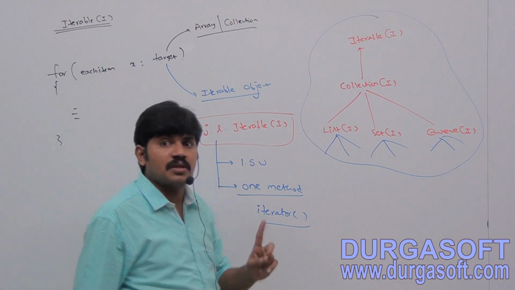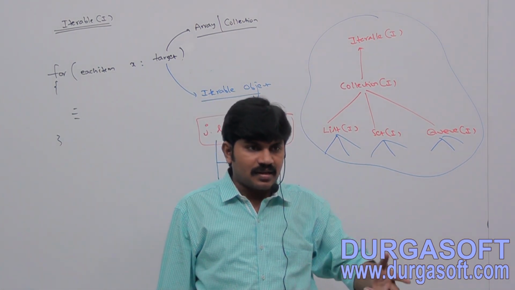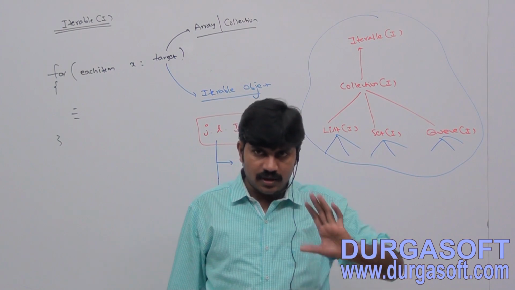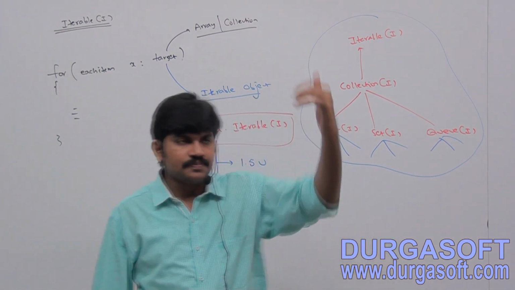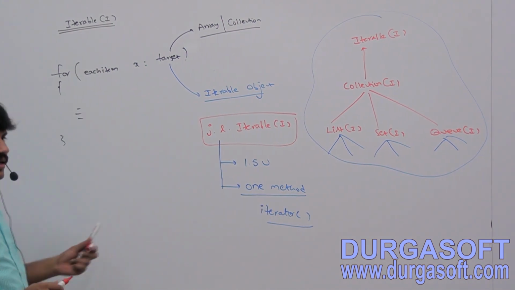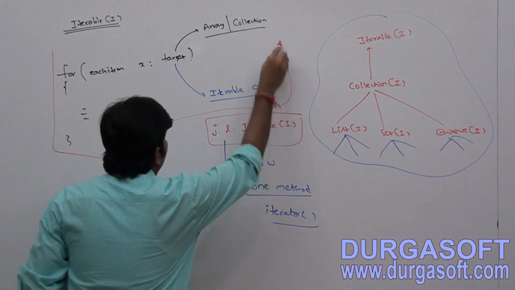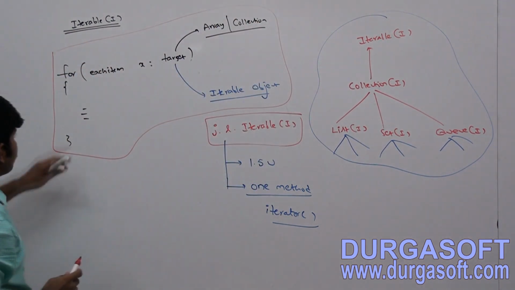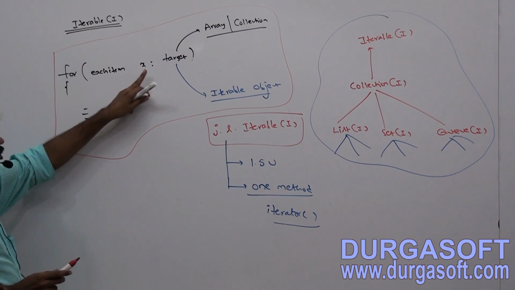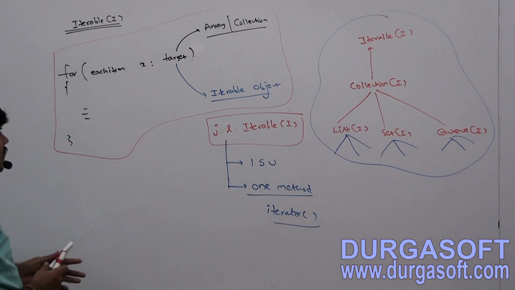Maybe a chance to ask a question like, what is the difference between Iterable and Iterator? Have you observed the similarity in the words? Then I will give you a small table of differences. Let us add the Iterable interface. Under that, take only this syntax, don't take any other: for each item x colon target.